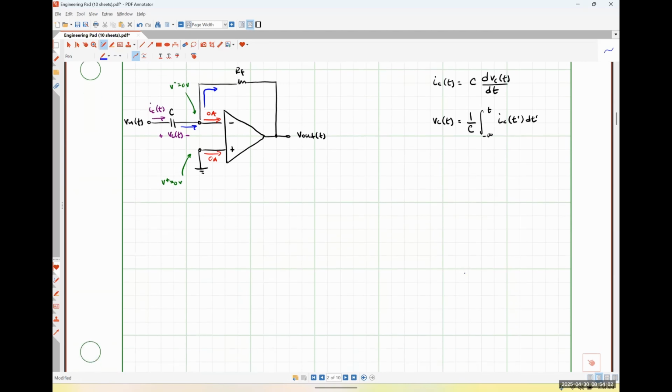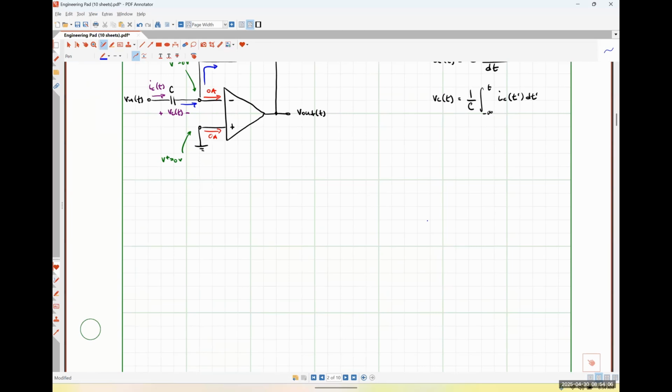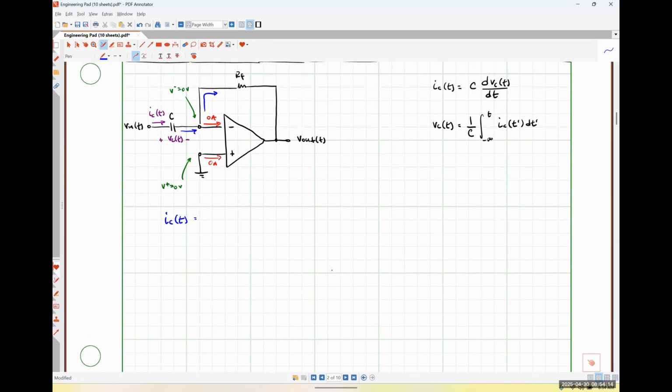Okay. So if I write that KCL relationship down, I would simply have my capacitor current, IC of t, is equal to 0 minus V out, so let's call that negative V out, divided by RF. And so now I'm just going to rearrange this relationship.